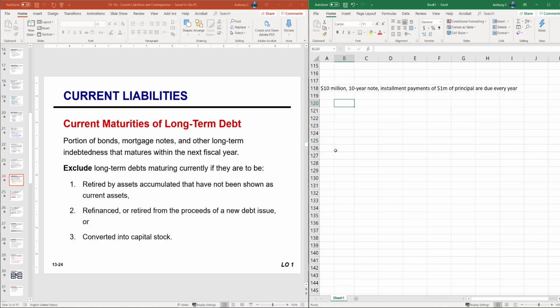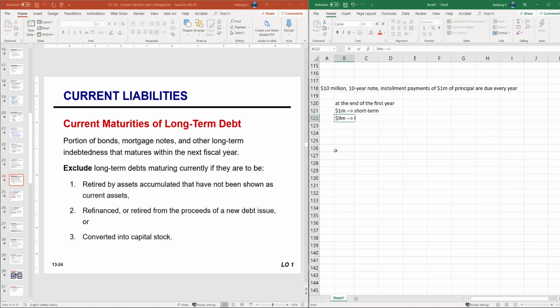Whenever we have a note like this where installment payments are due, or some portion of the note or bond is due within the next year, whatever is due in the short term will be classified as a current liability. So, for example, at the end of the first year for this note, $1 million will be considered short term, because this will be due within the next year.